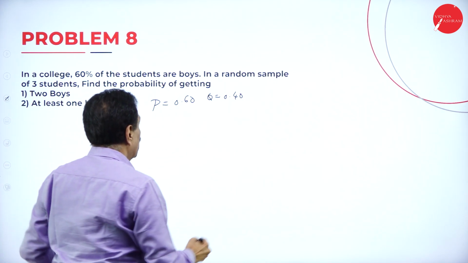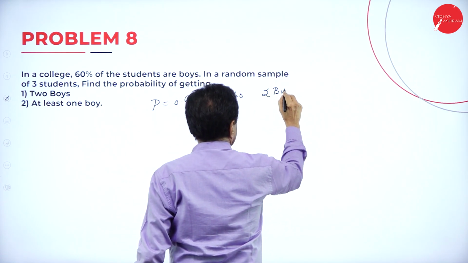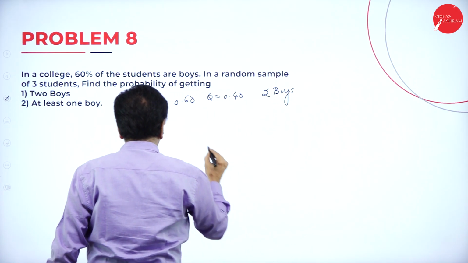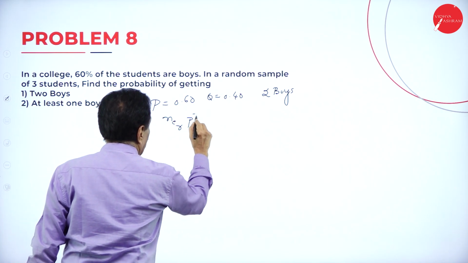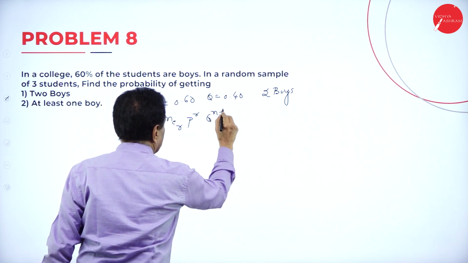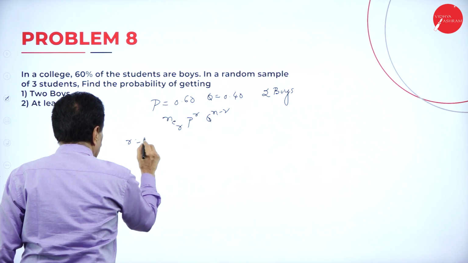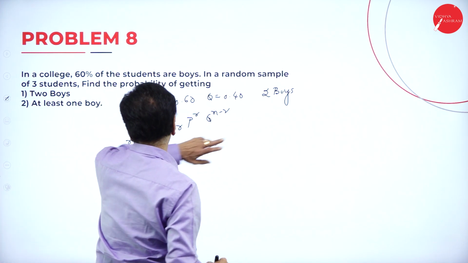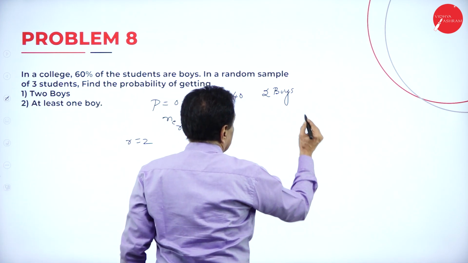So we are selecting here 2 boys. What's your formula? nCr or nCx, P to the power of r, Q to the power of n minus r. Here, x when r is equal to 2. Totally, how many students have you taken? In a random sample of 3 students, n is equal to 3.